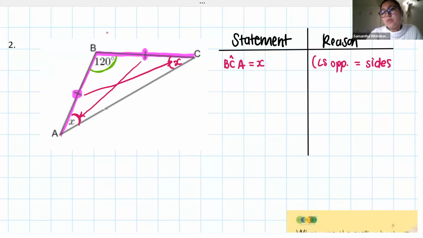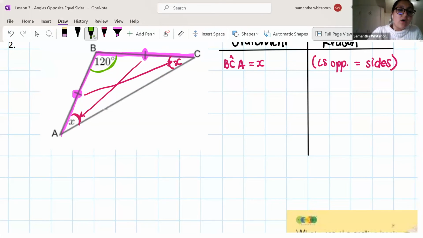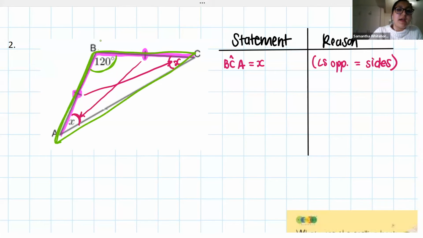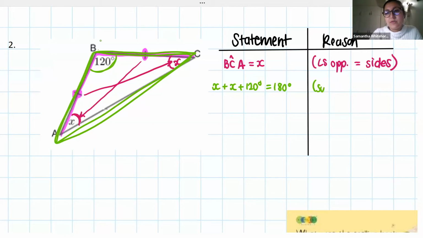Now, guys, it's so important that we make this statement, because only now can I use sum of angles in a triangle, because technically I've got a value for all three of my angles, and now I can solve for X. So now I can say X plus 120 should be equal to 180 degrees because of sum of angles in a triangle.